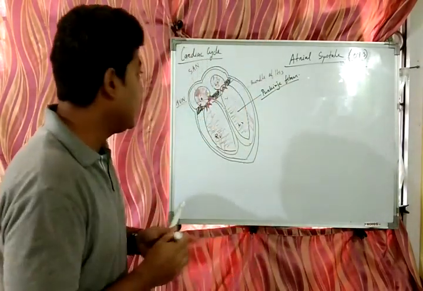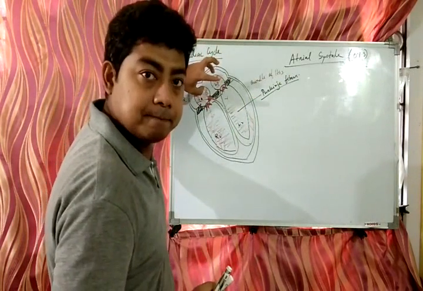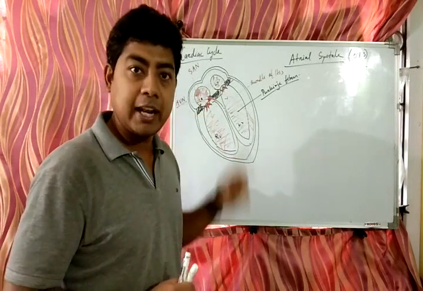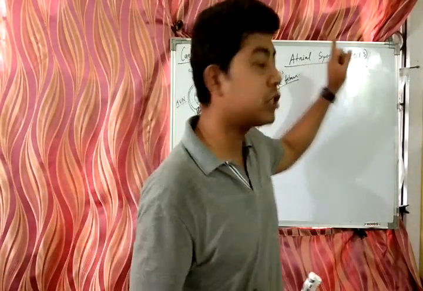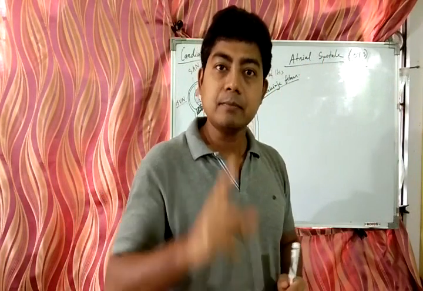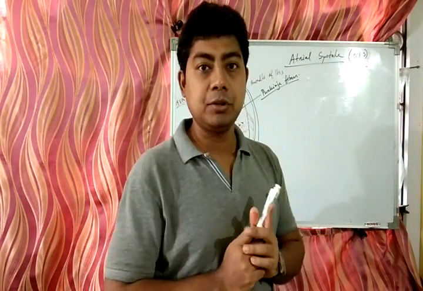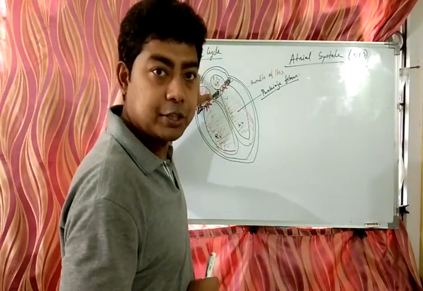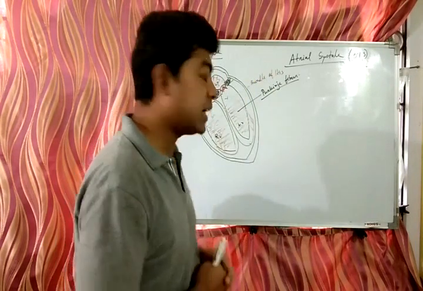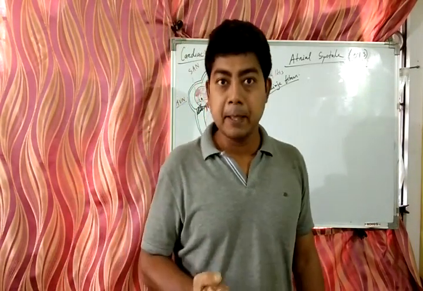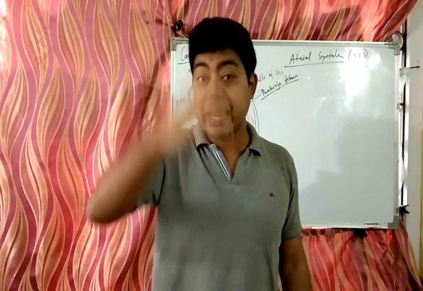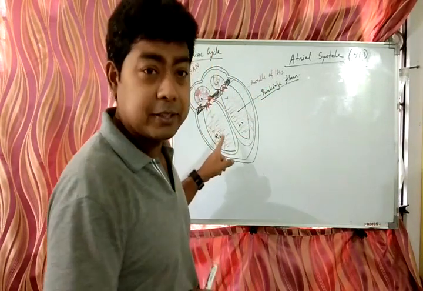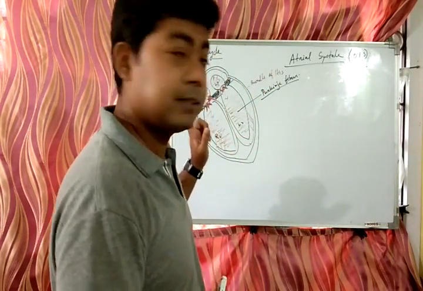That means the impulse generated in the atria causes the contraction, that's why atrial systole occurs in the atria. Who is responsible for that? The SAN, the sinoatrial node, is responsible for generating the action potential. But that action potential cannot go at once to the ventricle.